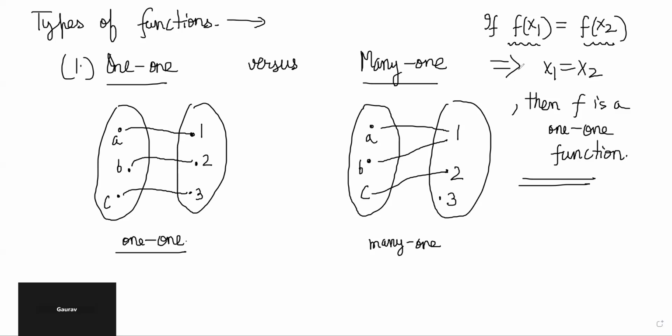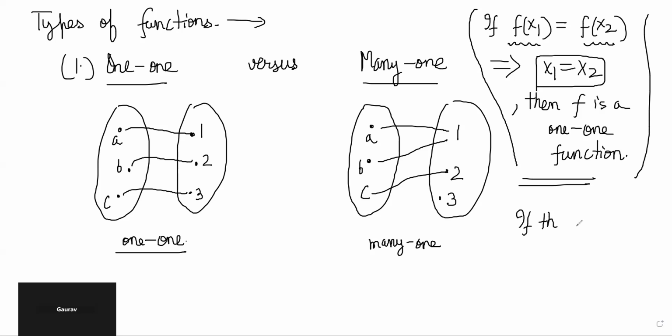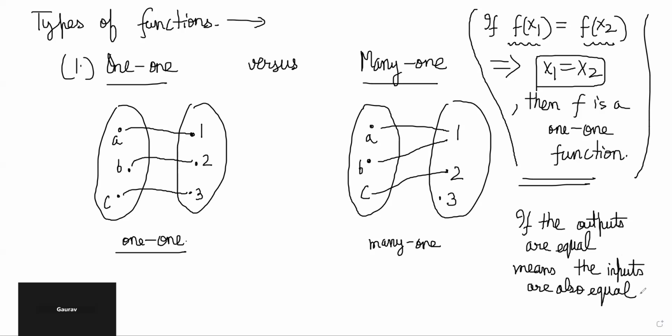If that implies that x1 is equal to x2, the meaning of the statement is that if the outputs are equal, it means the inputs are also equal. Then the function is 1-1.